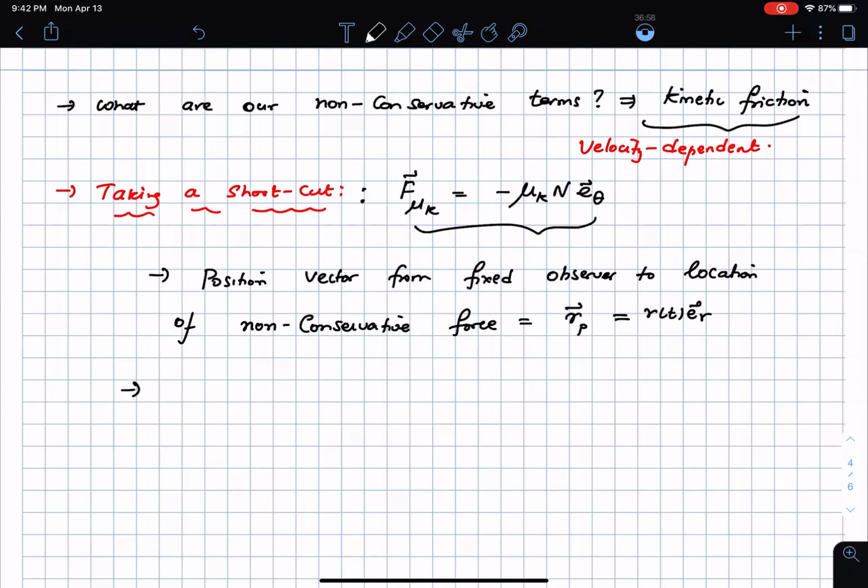Since I'm doing a velocity dependent force, I need R dot. R dot of P from before is R dot ER plus R theta dot E theta.